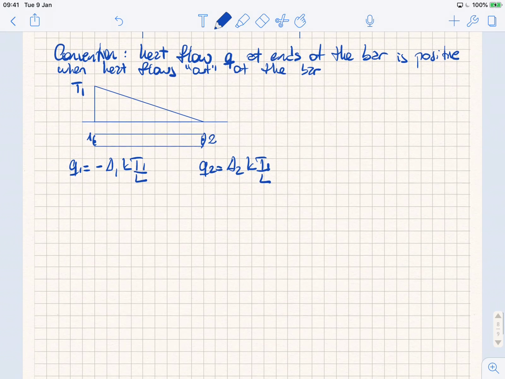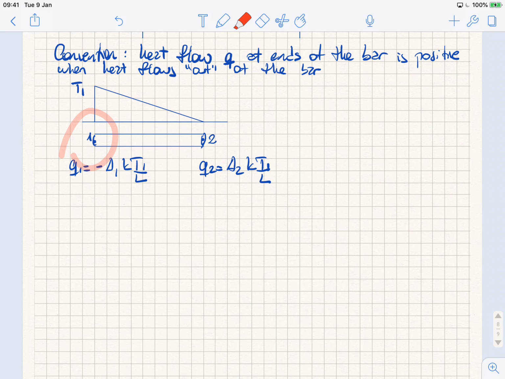So you see that because the gradient is negative, right? Then where is the heat going in this particular case? If we take a look at this node here, where is the heat going?